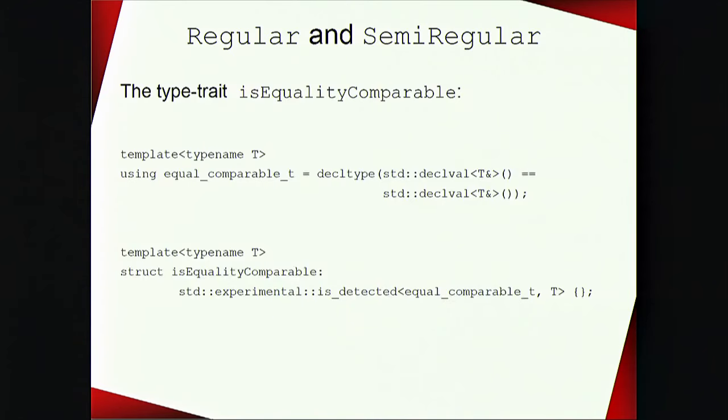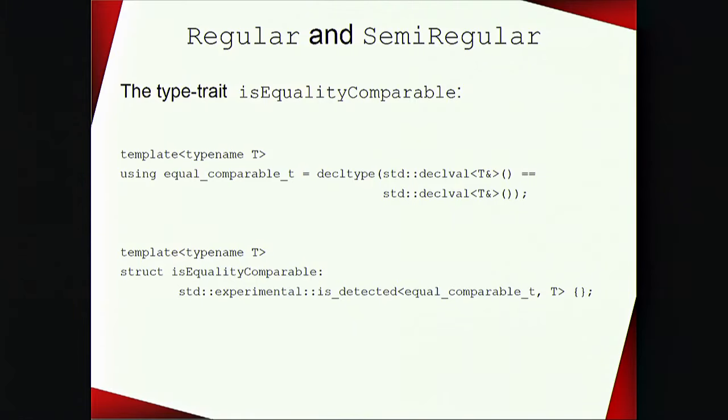Okay, how can I achieve that? That is an ugly slide, but sometimes Sphere is ugly. What is the idea? With C++20 we will get, I don't know if we will get it, I have to use std experimental. This is the so-called detection idiom. What is the idea?